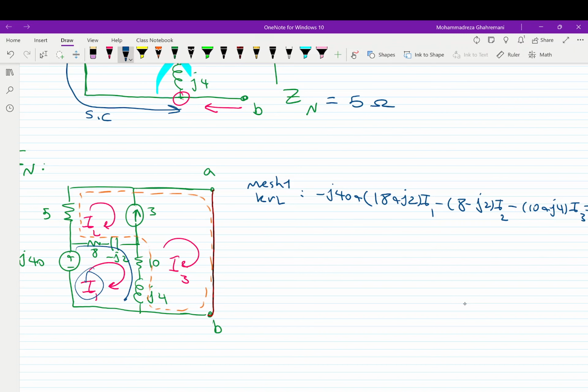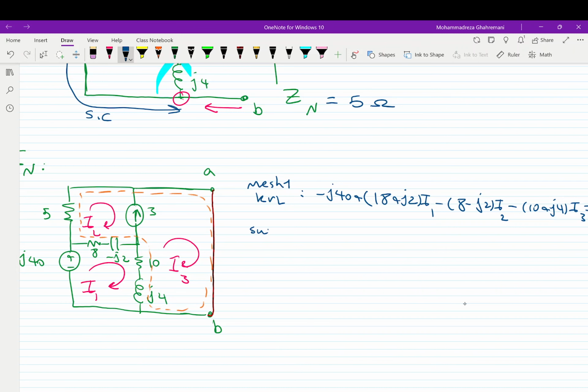Then I added all the impedances in this part and multiplied by negative I2. Then I added all the impedances here and multiplied by negative I3. So this is mesh 1.